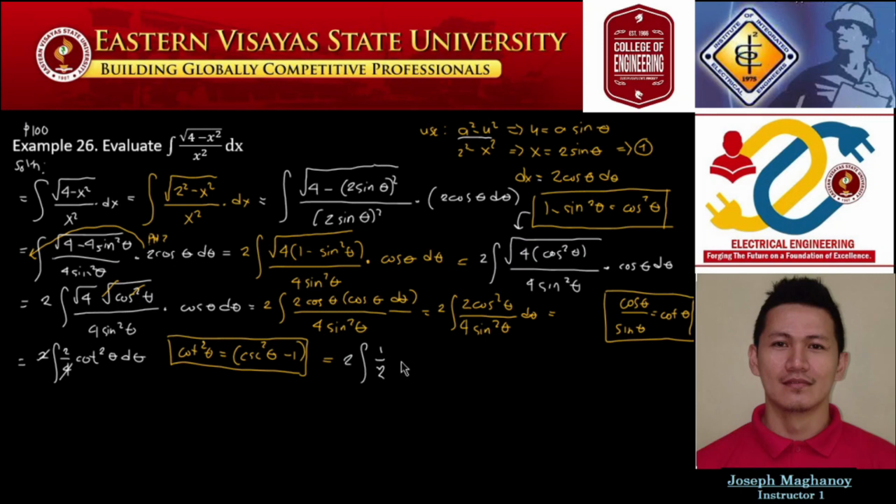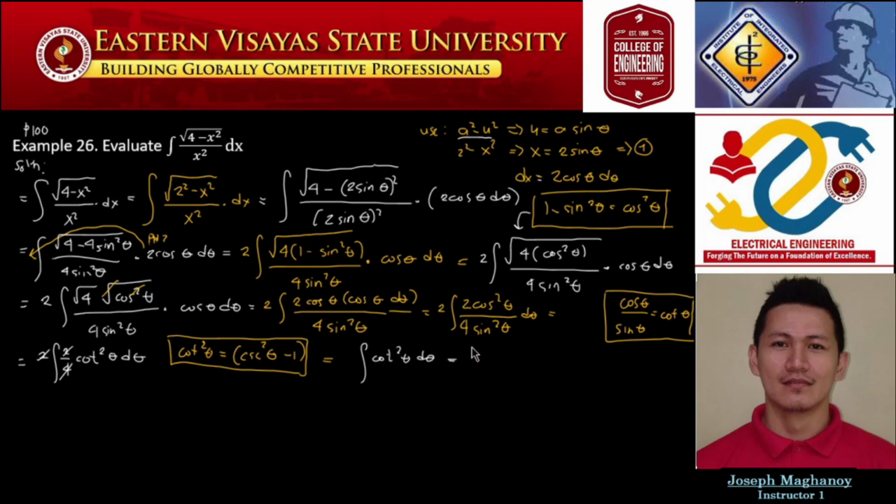Then our cotangent squared theta d theta. We simplify this with this 1/2, so the remaining is 1/2. Okay, so it's already cancelled out. So the remaining would be cotangent squared theta d theta. Here we can use this identity.